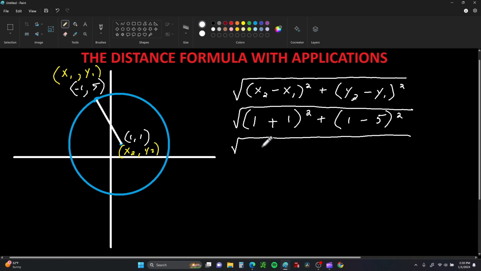So I have 1 plus 1 squared, which is 4. So I have 1 minus 5. This is going to be minus 4, and minus 4 squared is 16. I get the square root of 20. So the length of my radius here is going to be the square root of 20.